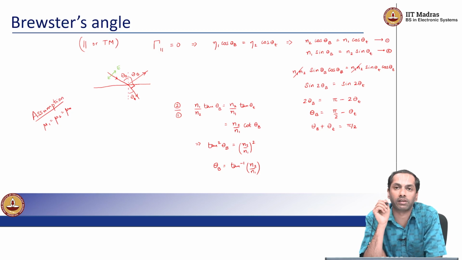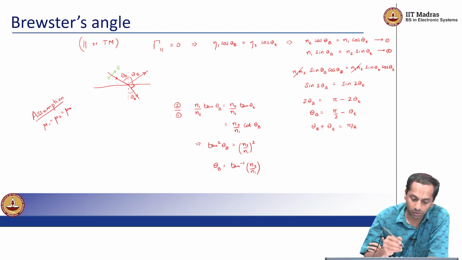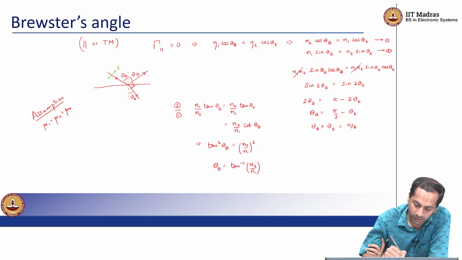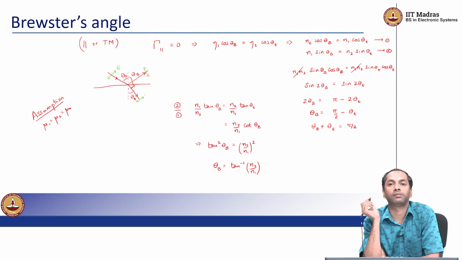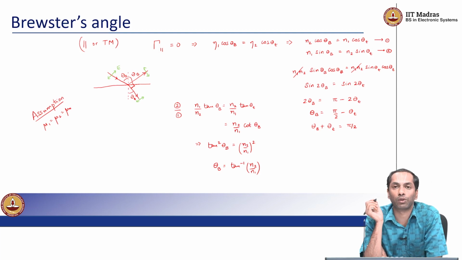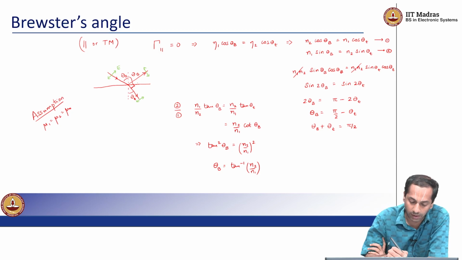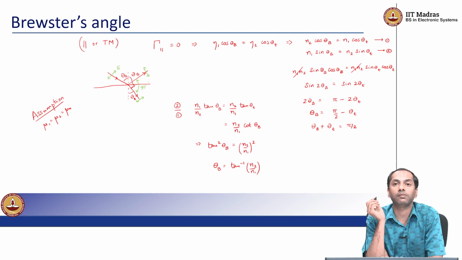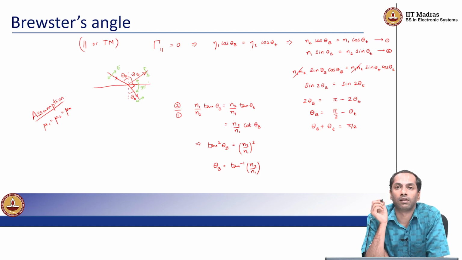This is the only polarization that seems to have a Brewster's angle for non-magnetic media interfaces. So what happens to the electric fields after they reflect? They essentially are oscillating in these directions. Okay. So the first clue comes from the fact that this angle between the reflected and transmitted beam is 90 degrees.